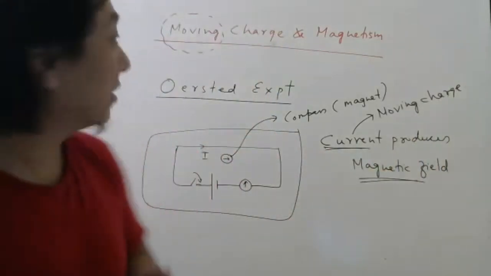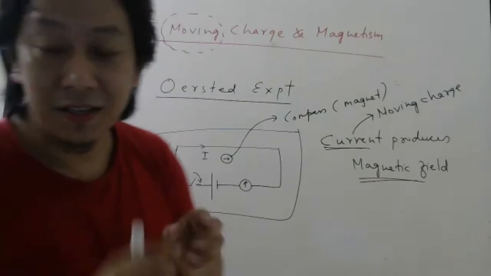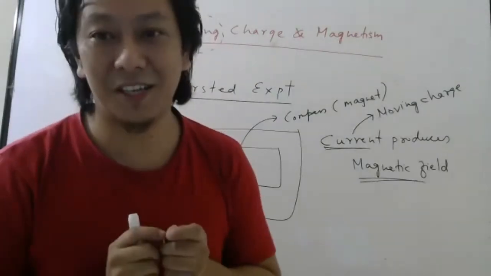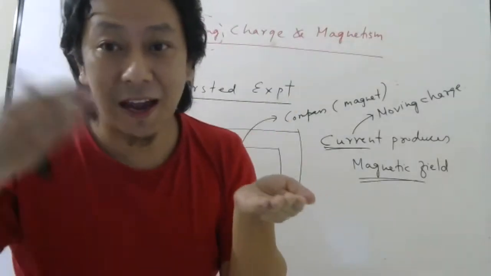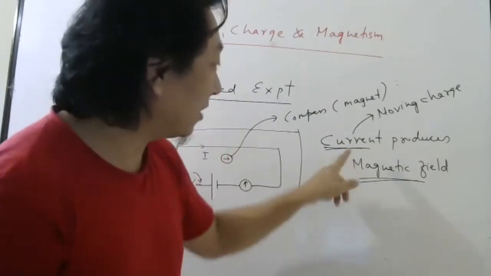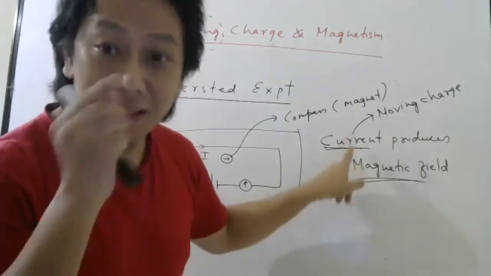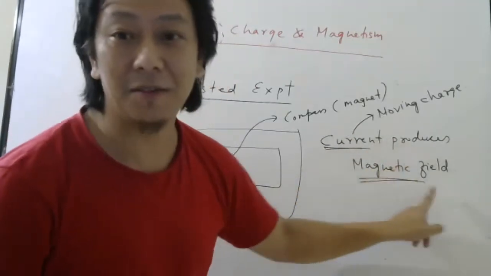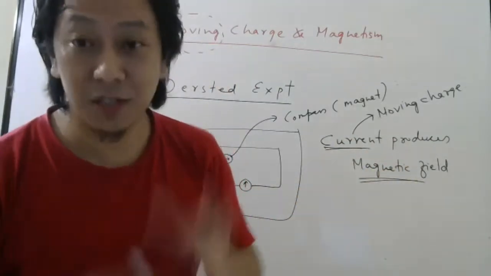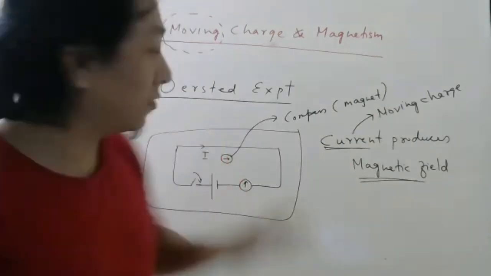So what this person discovered is there is an intrinsic relation between charges and magnetism. And when the charges are moving, they behave like current, and that current produces magnetic field. Understood? So this was the conclusion of this experiment.